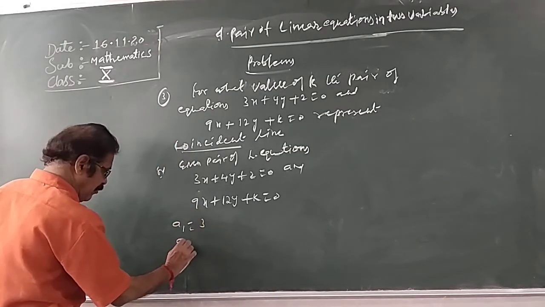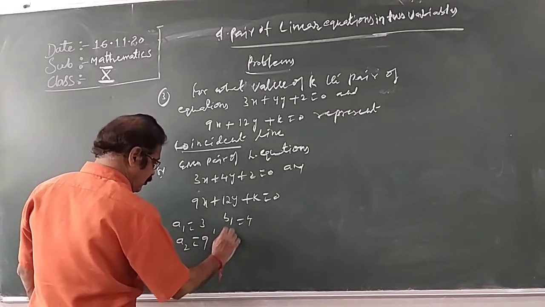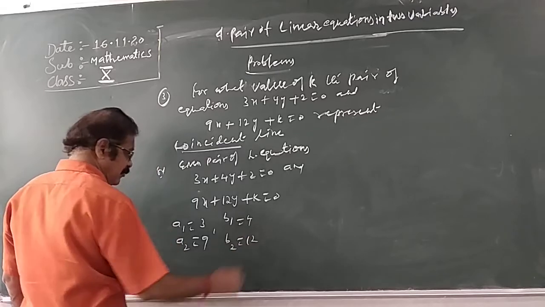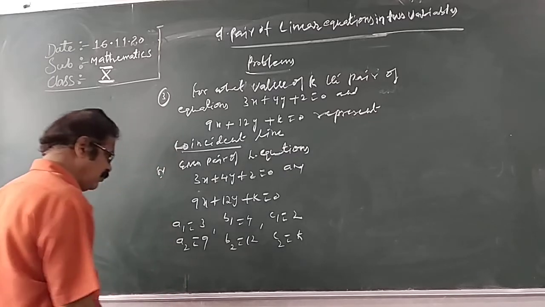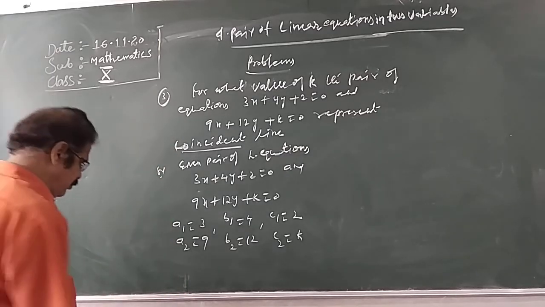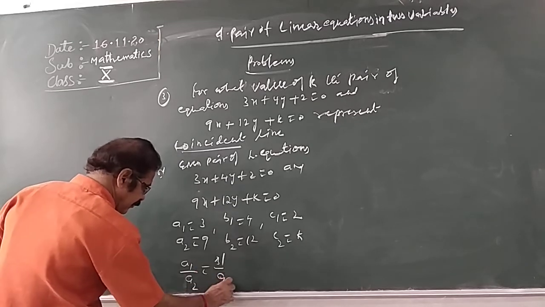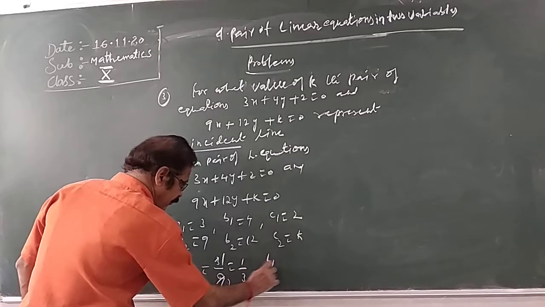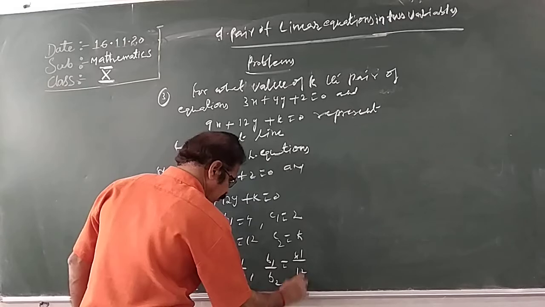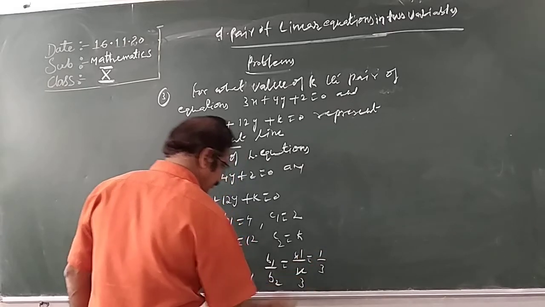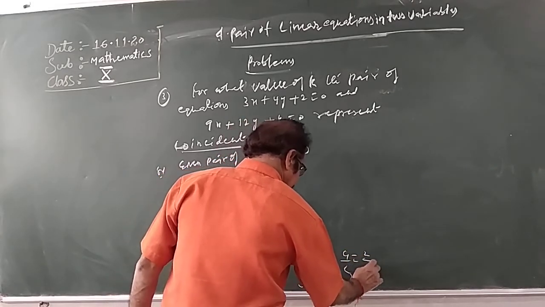A1 is equal to 3, A2 equal to 9, B1 is equal to 4, B2 is equal to 12, C1 is equal to 2, C2 is equal to k. So, A1 by A2 is equal to 3 by 9, which is 1 by 3. B1 by B2 is 4 by 12, which is 1 by 3. C1 by C2 is 2 by k.